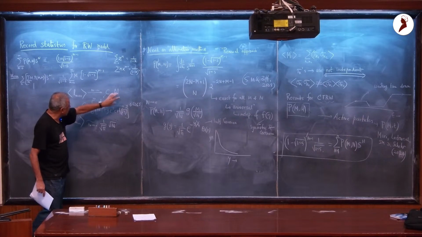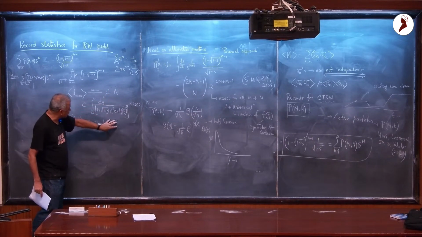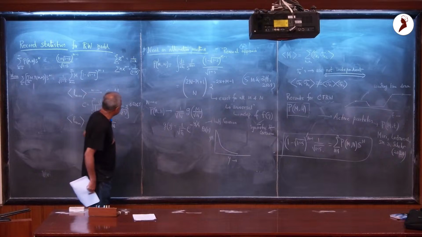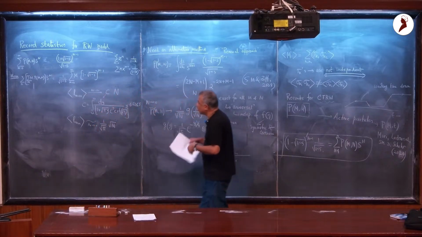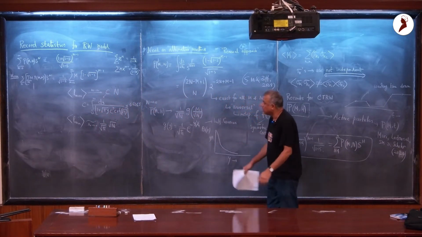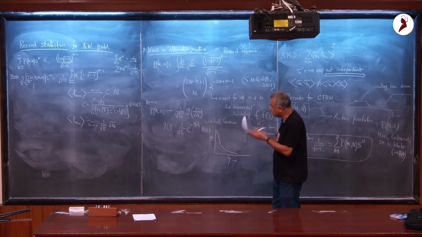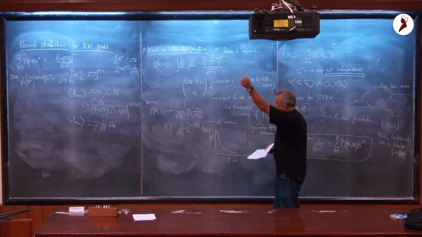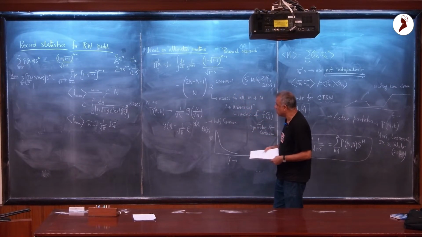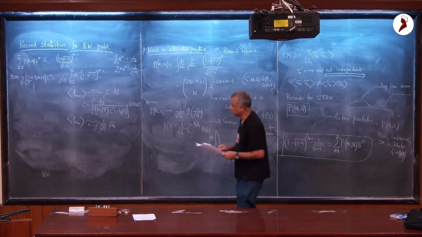And now here for the random walk, L min scales like square root of n, and L max scales like n. So in general, because of the correlations between the entries, there are many more records, because you have a higher possibility of jumping and breaking the previous records for a random walk, and this is due to the strong correlations between the entries.